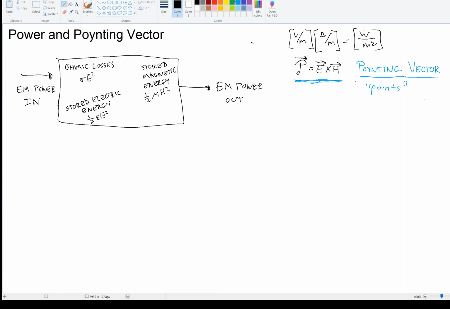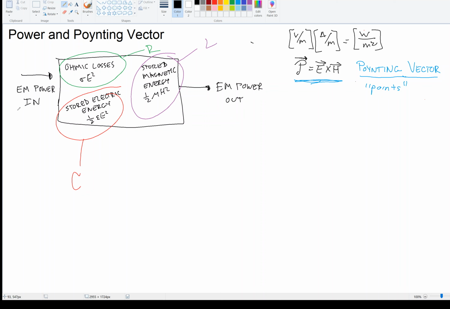So actually we're accounting for all of the basic circuit analysis components. This is like a resistor, right? And what device stores energy in an electric field? That's the capacitance of the volume. And what device stores energy in the magnetic field? That's the inductance of the volume.